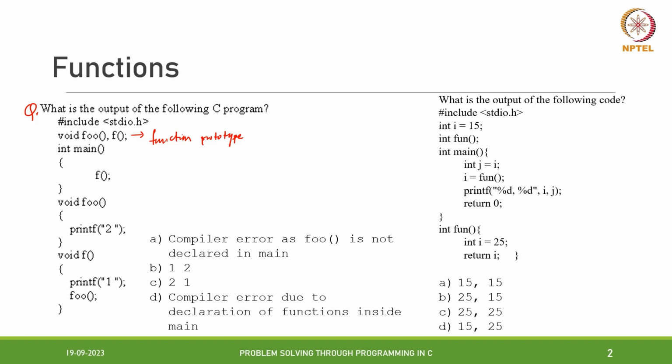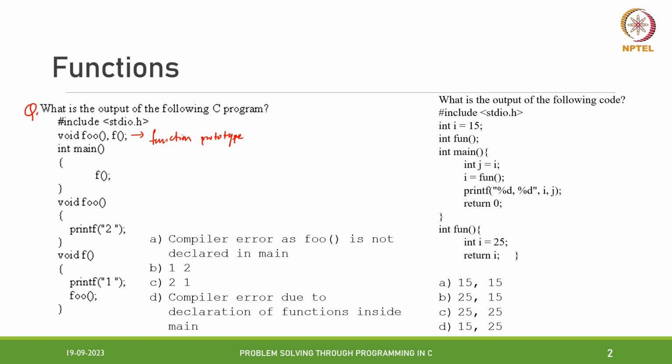Then we have int main, the main function. This is where the program execution will start, and inside it calls the function f. As you can see, f is a function of void type. It will print something and call the function foo, and then foo prints 2.